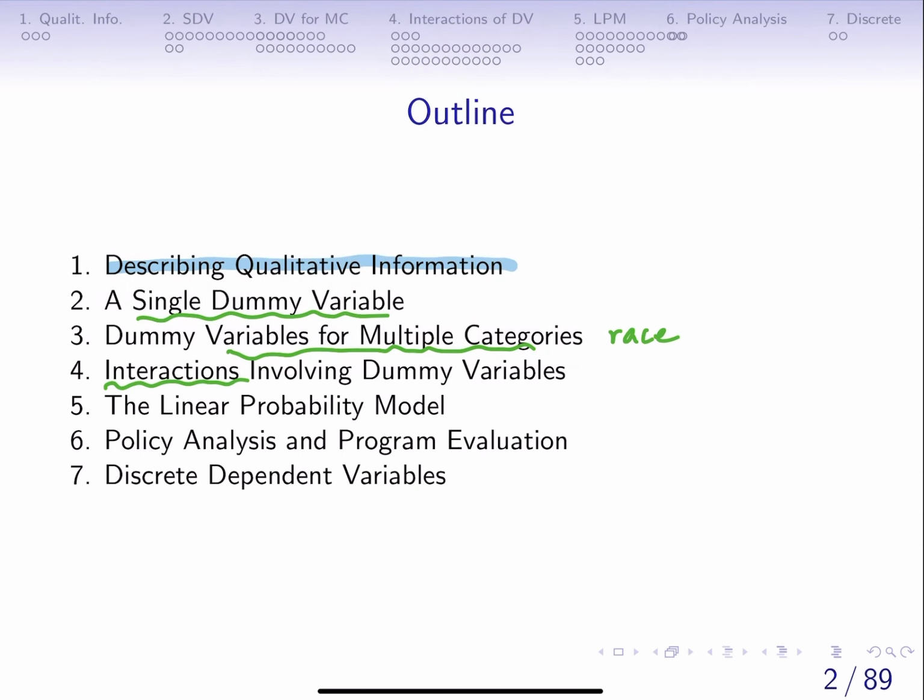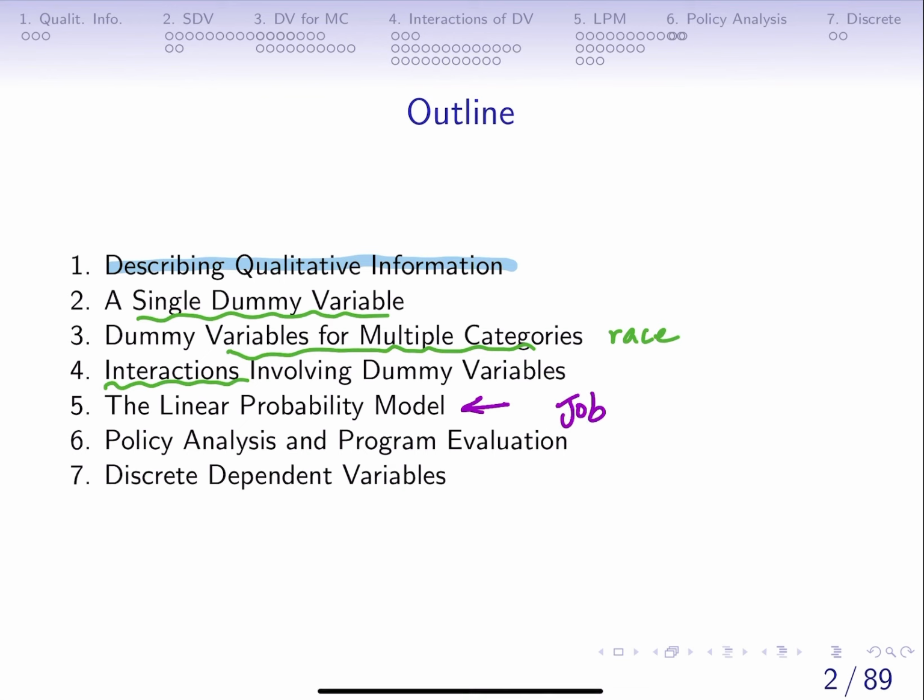We will talk about cases where our dependent variable takes a 0, 1 value, right? Or becomes a dummy variable. So let's say this is whether you get a job or not, right?